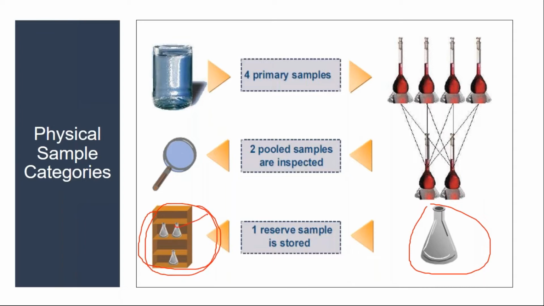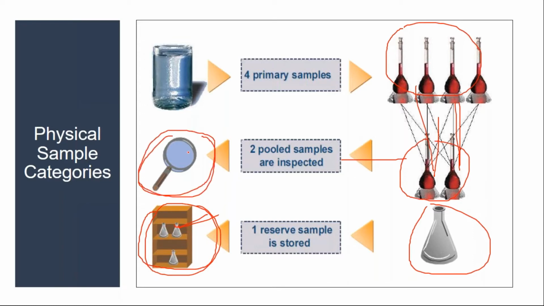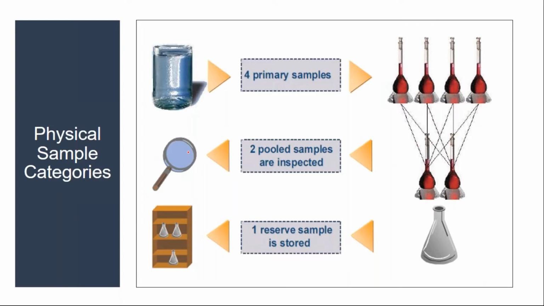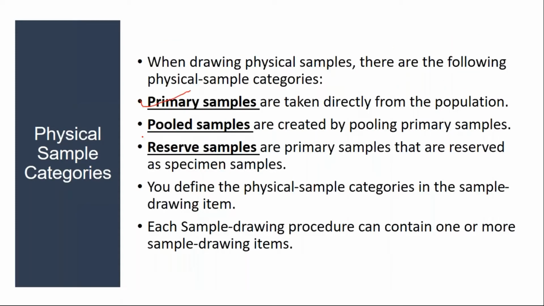They are just stored. That's all. They are not for quality inspection. Normally they take primary samples and pool them, mix them to create pooled samples, and normally they inspect these pooled samples. So we have 3 categories: primary, pooled, and reserve samples.